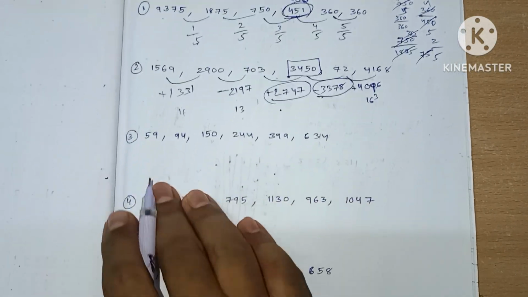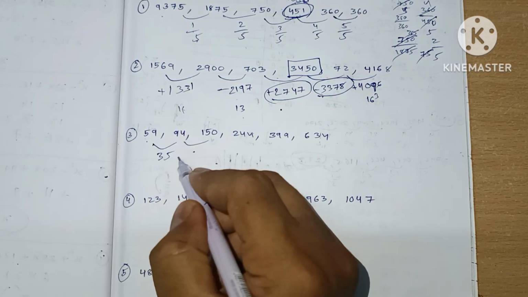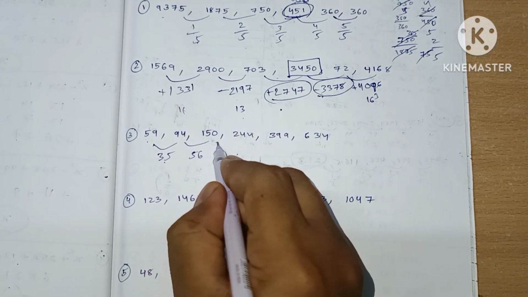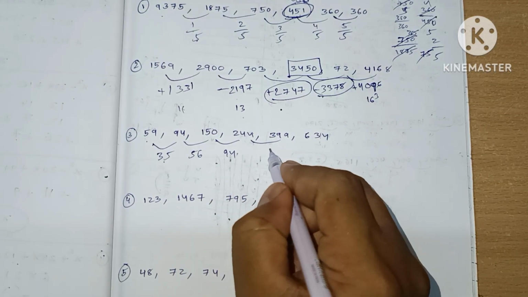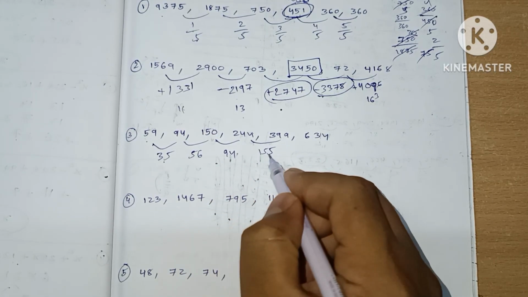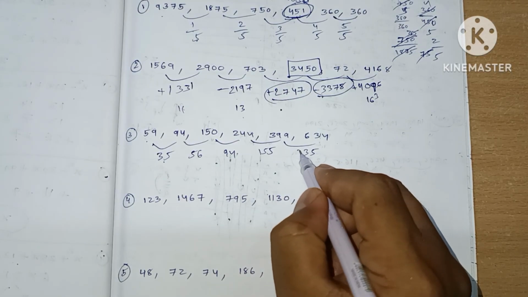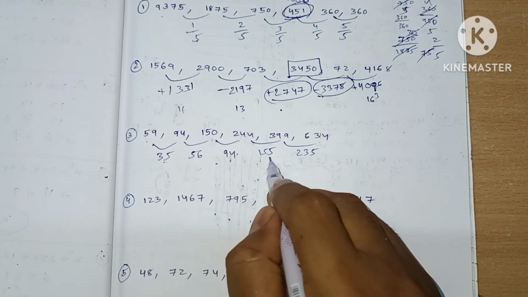Next, here the numbers are in increasing order. We see the differences. Here the difference is 35. Here the difference is 56. Here the difference is 94. Difference between these two numbers is 155. Here the difference between these two numbers is 5, 3, and 2. So I see this is a 5 multiple, 5 multiple, and 5 multiple.